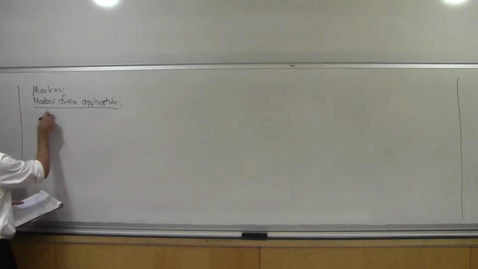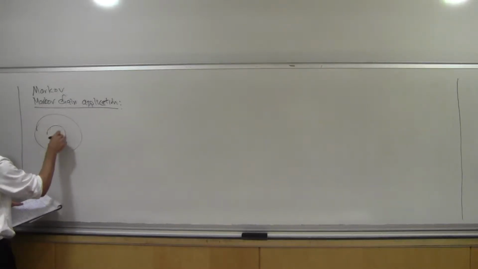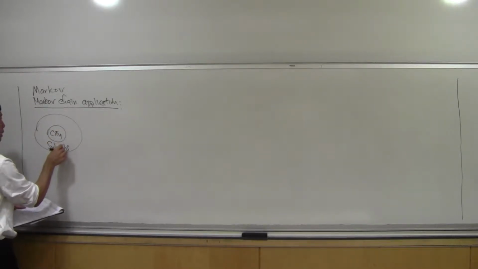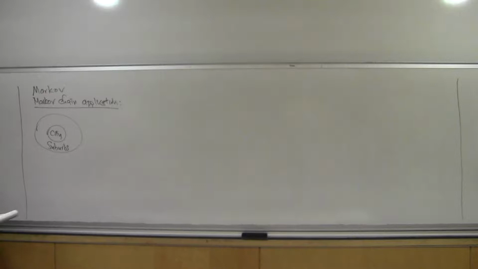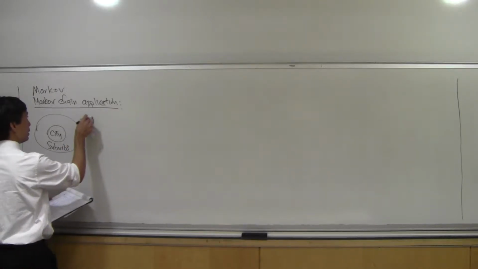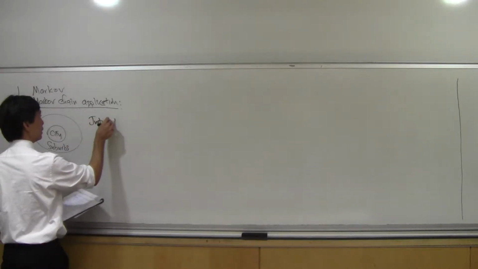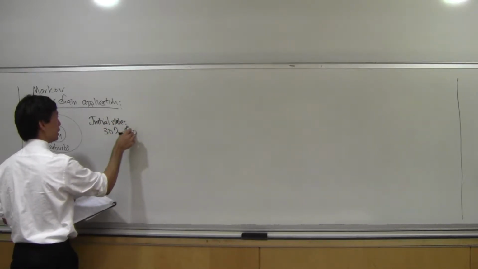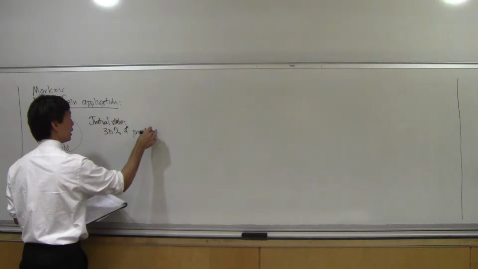So the setting is this: you have a city, and you have the suburbs surrounding the city, and initially 30% of the population is in the city.